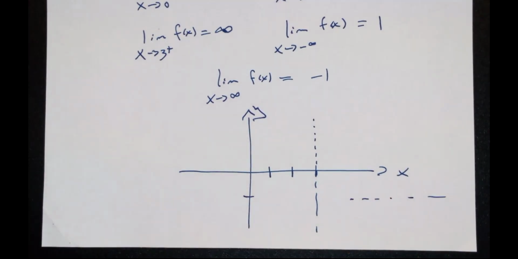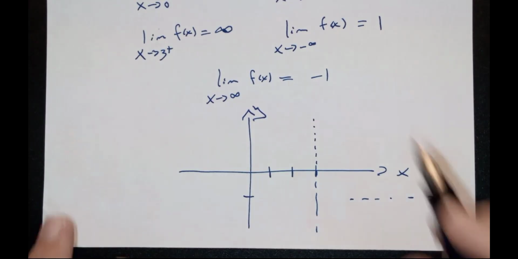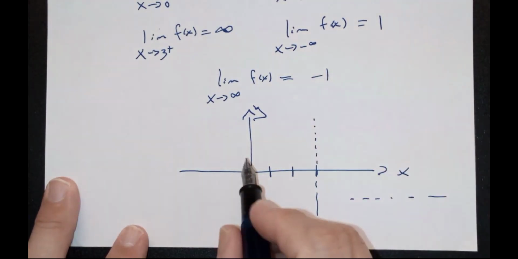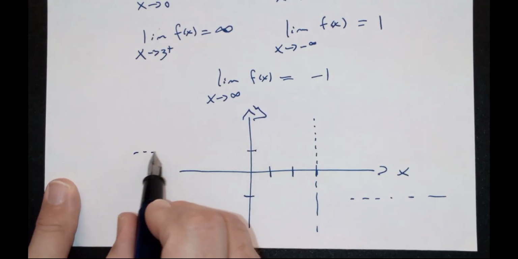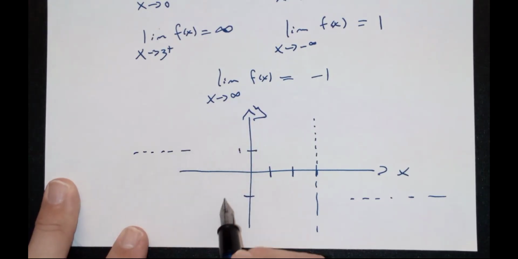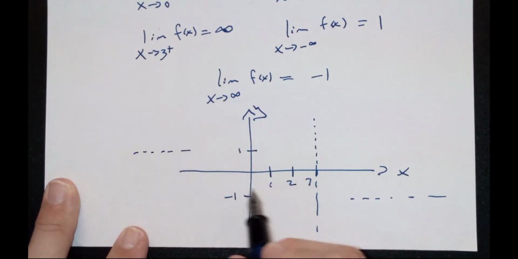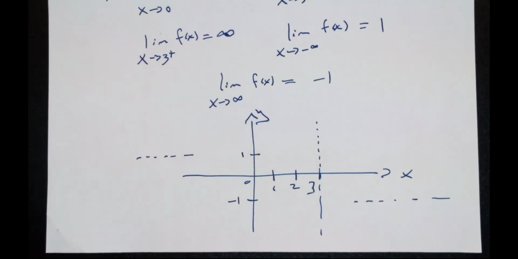I only care about that on the right side, so I only put part of it on the right side. On the left side, my asymptote should be at 1. With me so far?